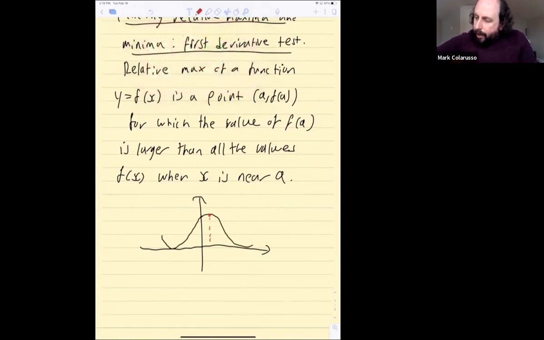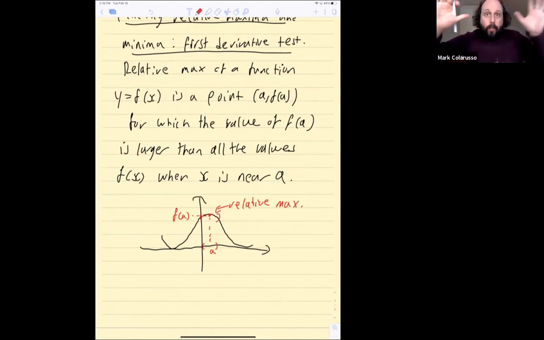So the relative max would be here, this point a, f of a, that's a relative max. The values of the function are smaller than the value of f of a so long as you're near a. So it's kind of like a mountain peak of the function, if you want to think of it that way.